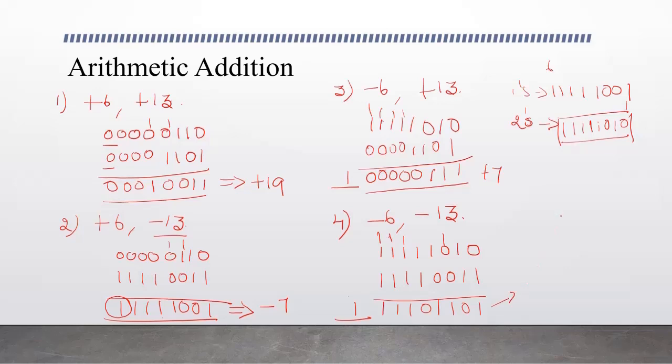So first the 1's complement is 0 0 0 1 0 0 1 0, and when we add 1 to this, 1 1 0 0 1 0 0 0. So it is 19, positive 19. So this is the complement of 19, minus 19.